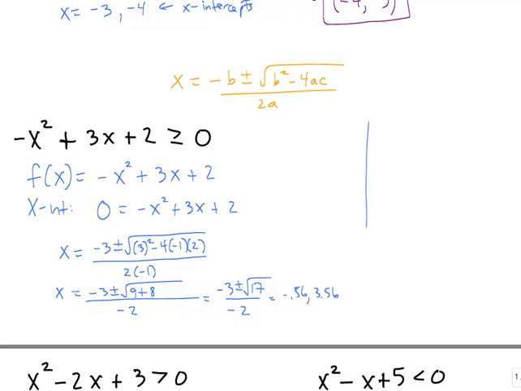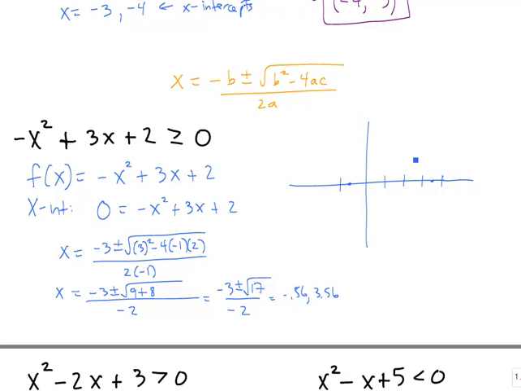So on a graph, in our next step, we want to plot those, and you just need to approximate what they are. So -0.56 is a little bit more than -0.5, and 3.56 is around 3.5. So those are your two x-intercepts. Then when you go to make your sketch of your parabola, remember that all you need to decide is, once you know your x-intercepts, should I draw a parabola that points down or points up?